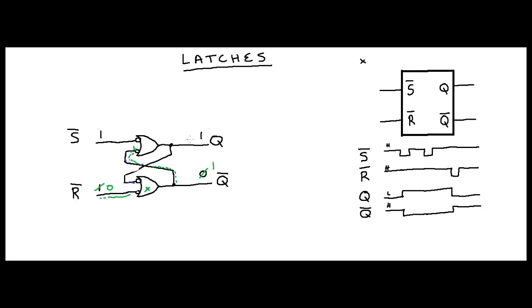That means your output's going to be low. So this is going to be a 0, isn't it? And then your 0 is going to come back here to this gate, where it's going to be inverted to a 1. Alright? And that's going to obviously keep this at 1 because it's already there.